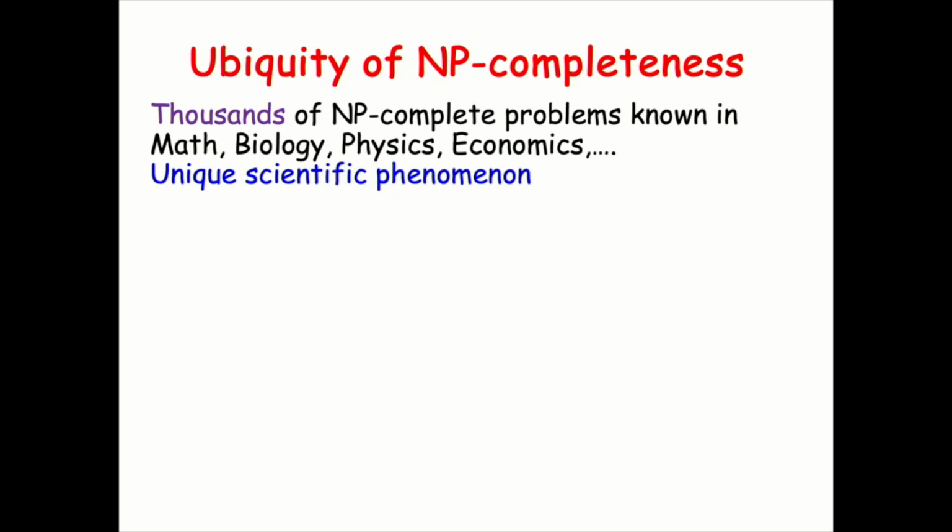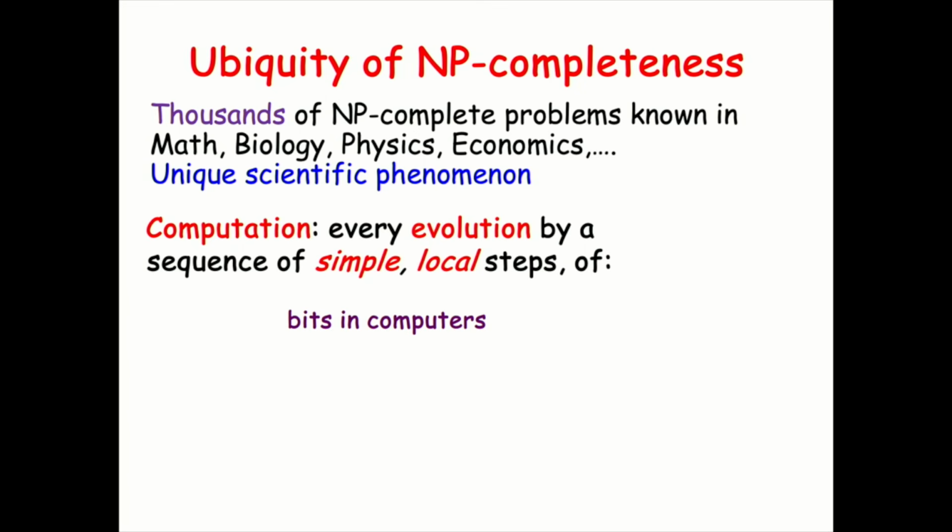And one explanation is a very important point of view on what computation is in general. In the beginning, since Turing, we thought about computation as an evolution, a sequence of really simple local operations on bits.